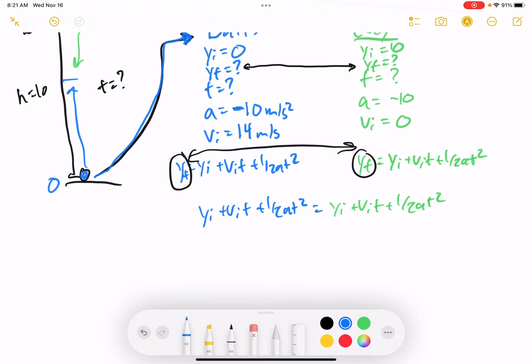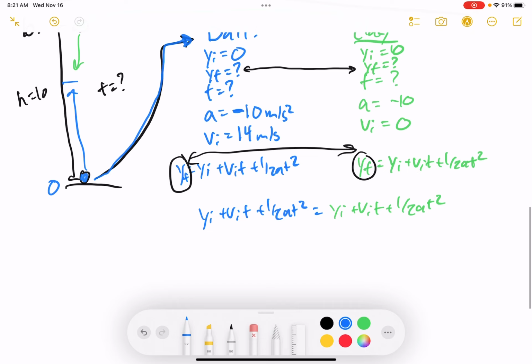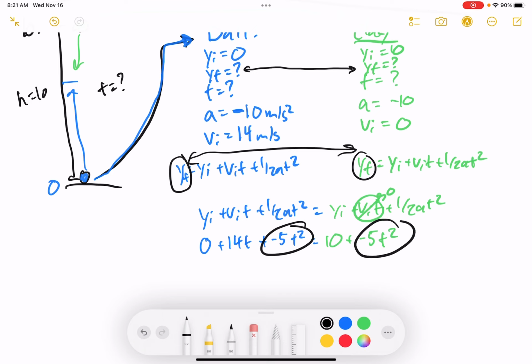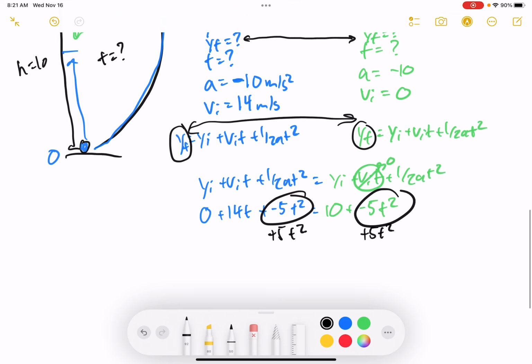So let's go ahead and plug in numbers. We know that the initial position of the ball is 0 plus 14 times t plus 1/2 of -10 times t squared, which is -5t squared, equals, and then over here we're going to have 10. My vi here is 0, so that whole part just goes away, plus -5t squared. What you'll notice is that we have this on both sides, so when I add 5t squared, that will just go away.